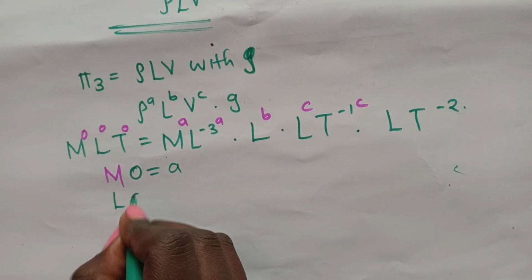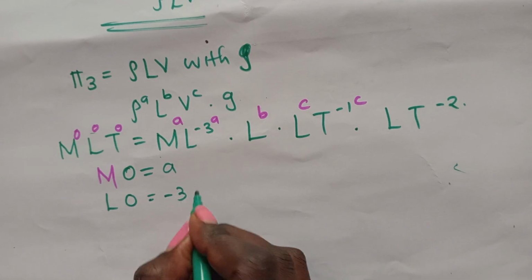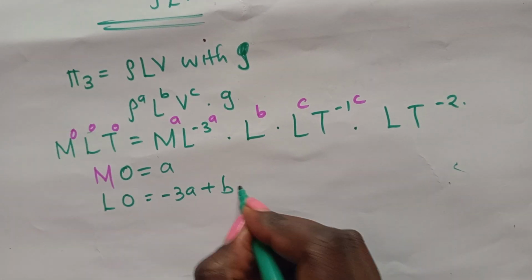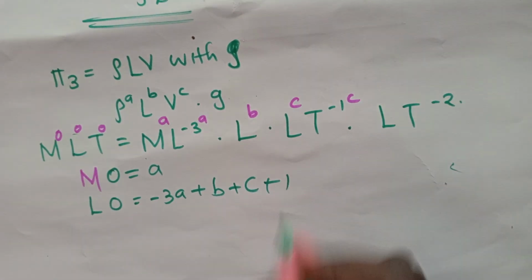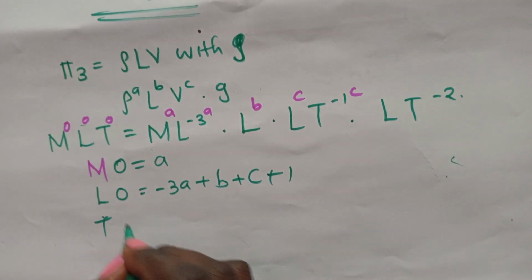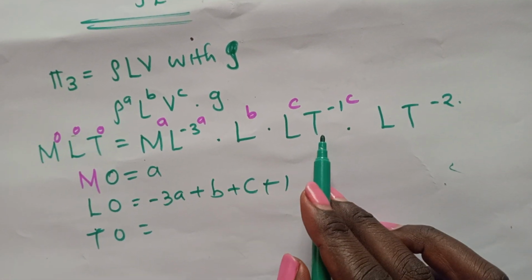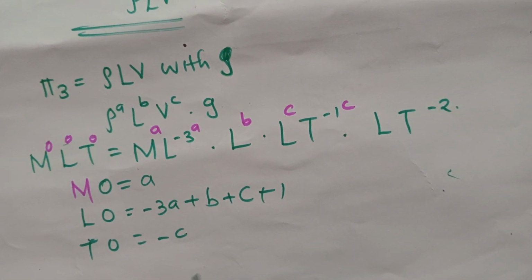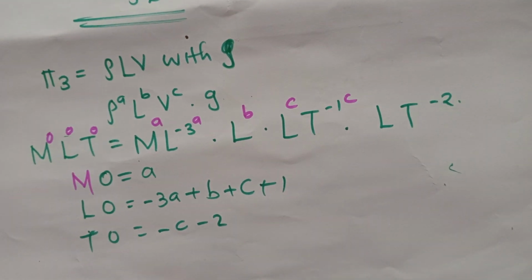So L: 0 is equal to negative 3A plus B plus C plus 1. Last is T powers: we don't have a T for L, up to V for velocity, so negative C, and this other one minus 2.